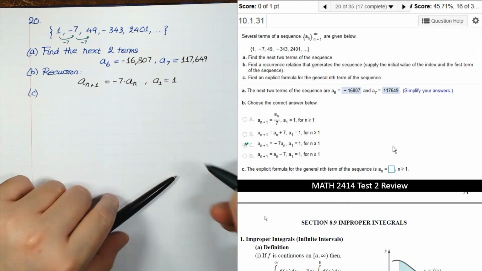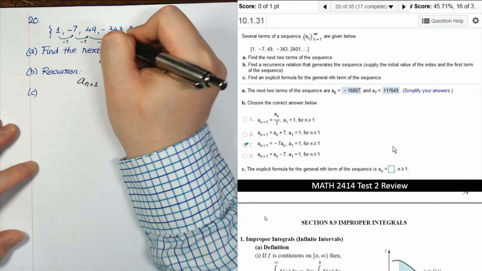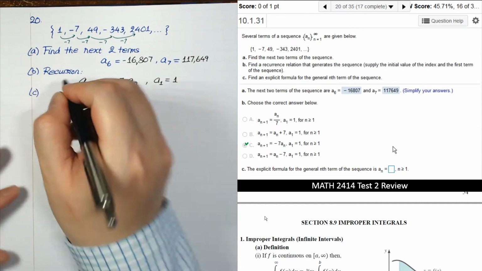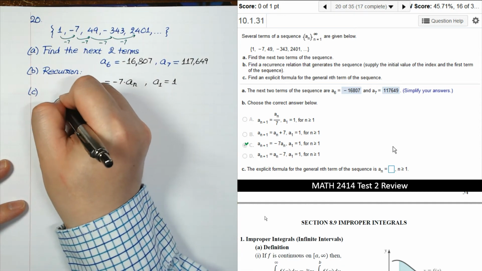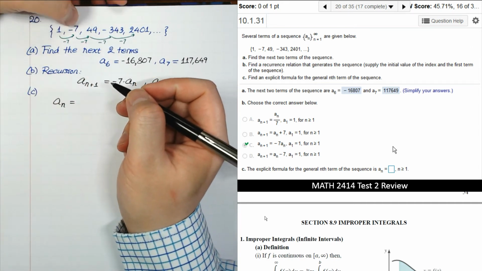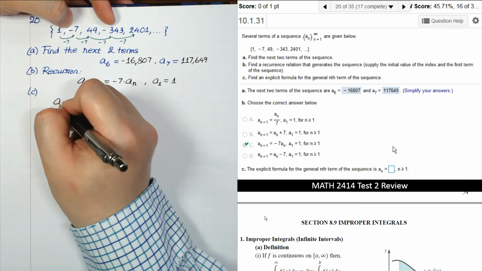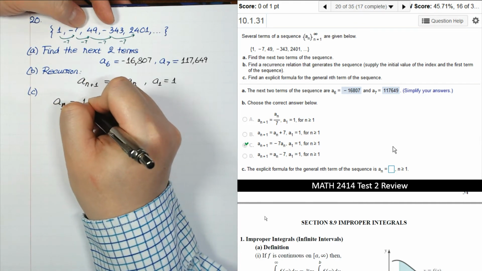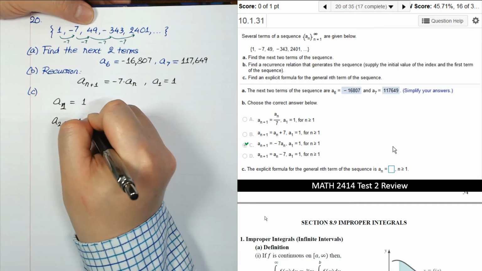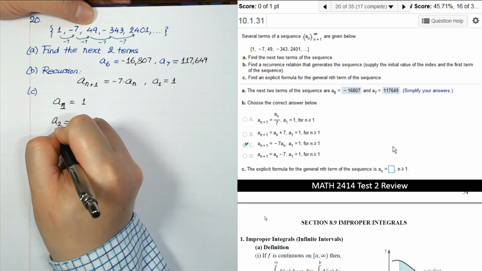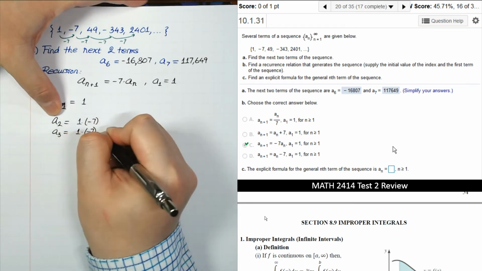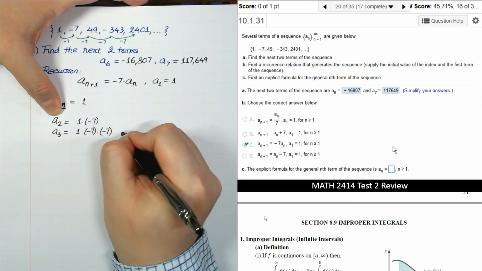A nice thing about this is we just have -7, -7. So think about this. If we have the nth term, let's say the first term is 1, the second term is 1 times -7, the third term is 1 times -7 and then times -7 again.